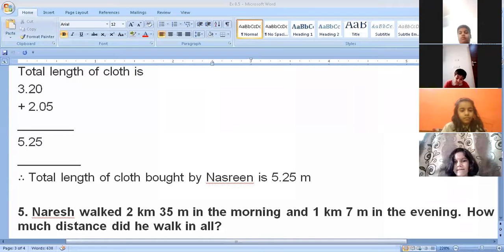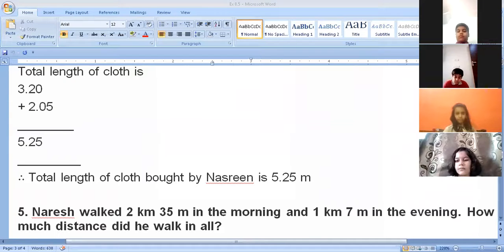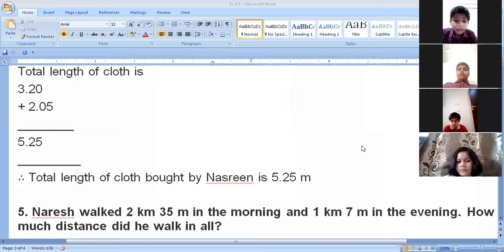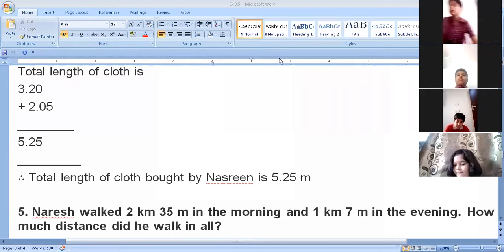Prapti, read question number 5. Naresh walked 2 kilometer 35 meter in the morning and 1 kilometer 7 meter in the evening.